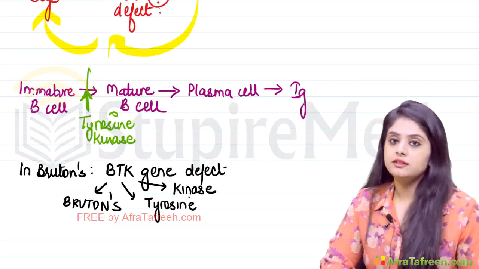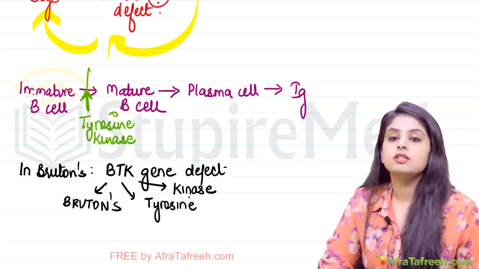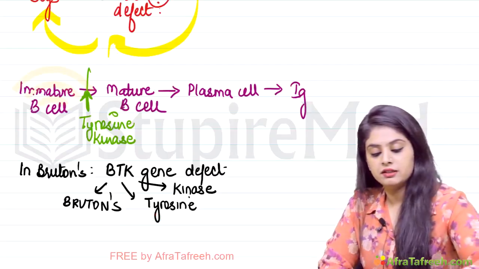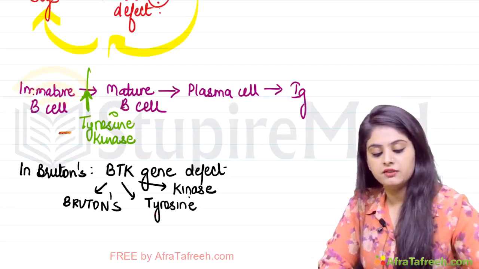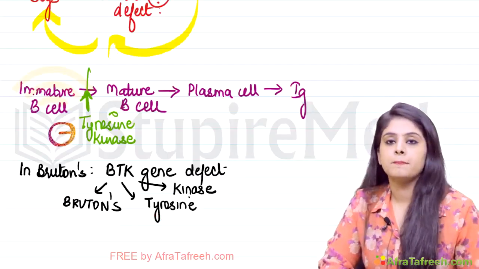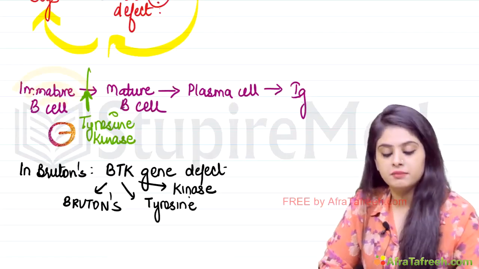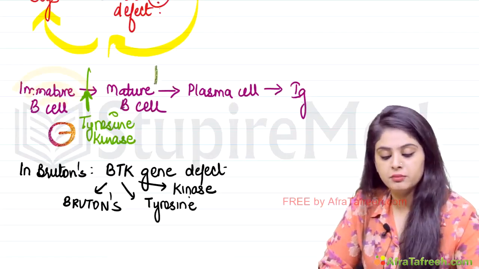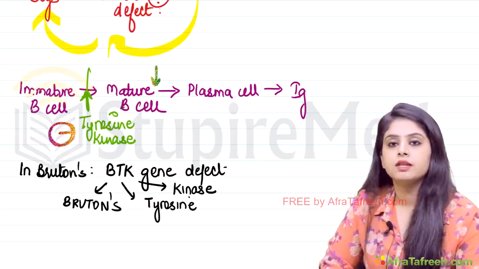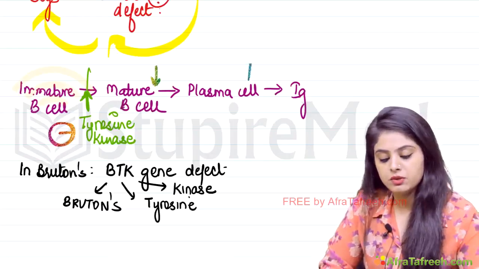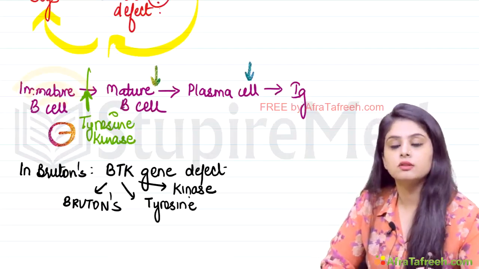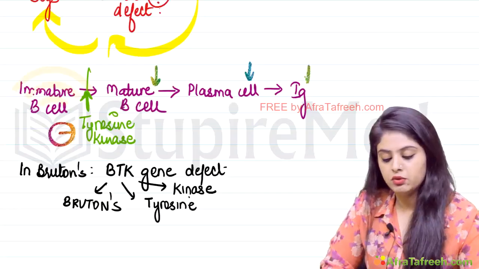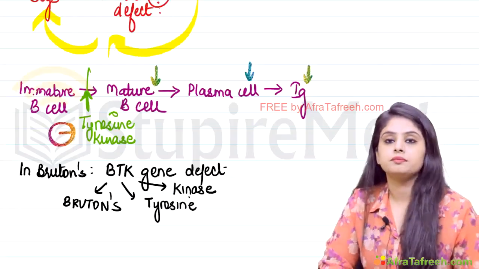The BTK gene is defective, and when the BTK gene is defective, you can now say that the tyrosine kinase will be absent. If tyrosine kinase is absent, the mature B cell population will go down. If the mature B cell population goes down, the plasma cells go down. Ultimately, the immunoglobulin goes down.